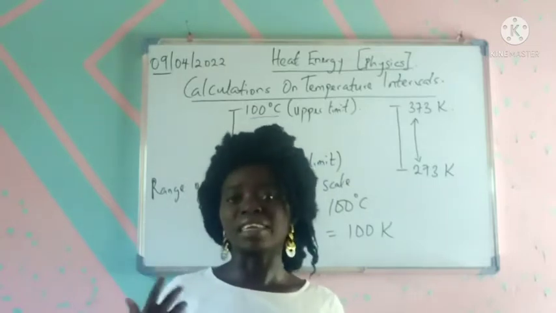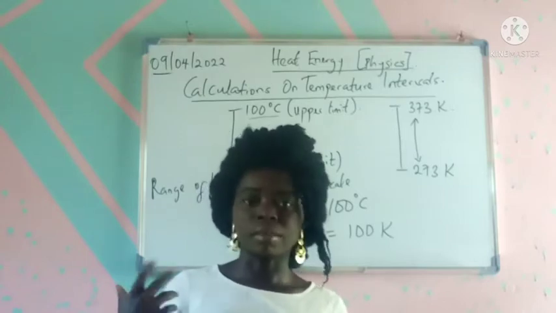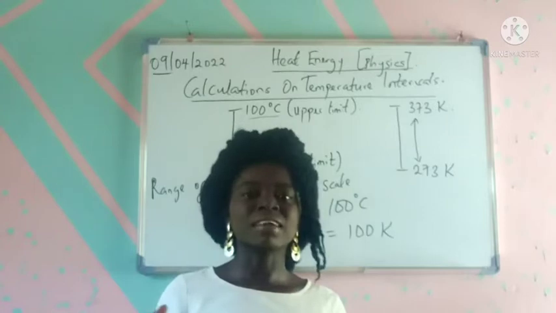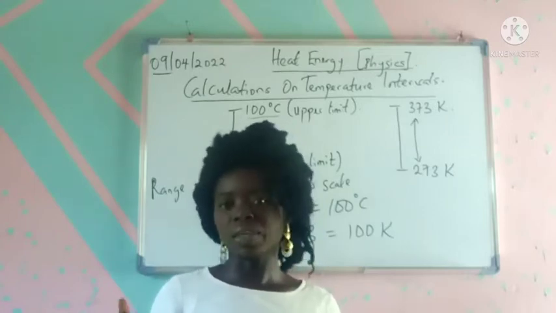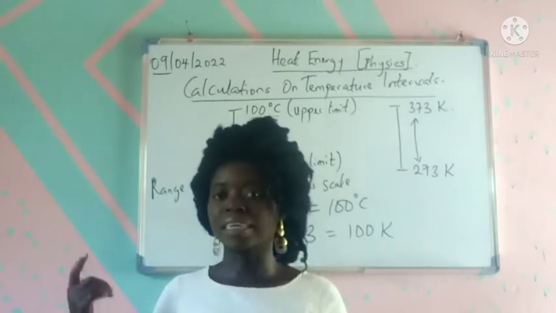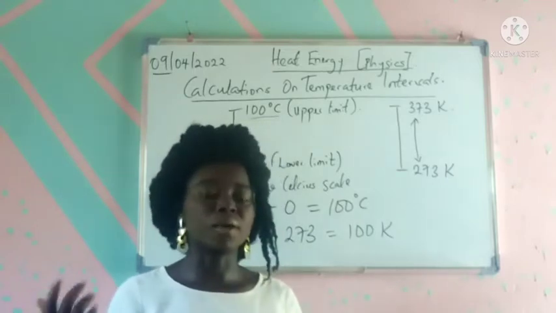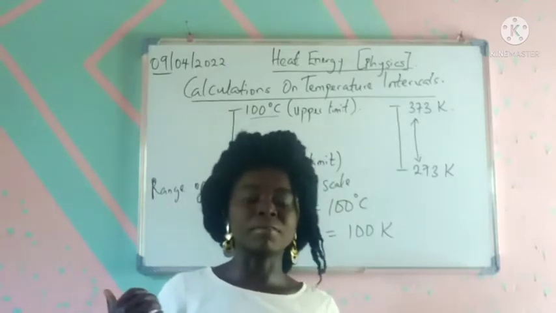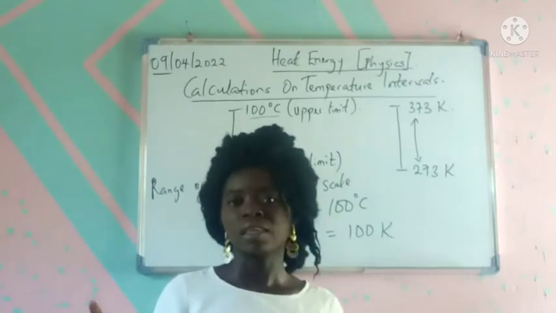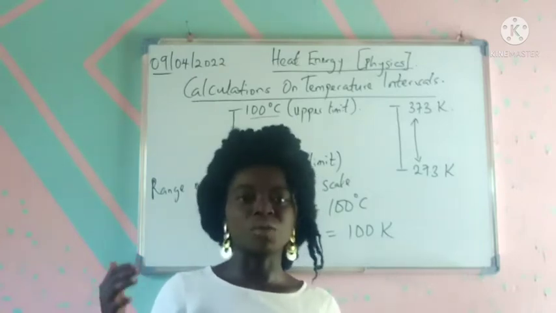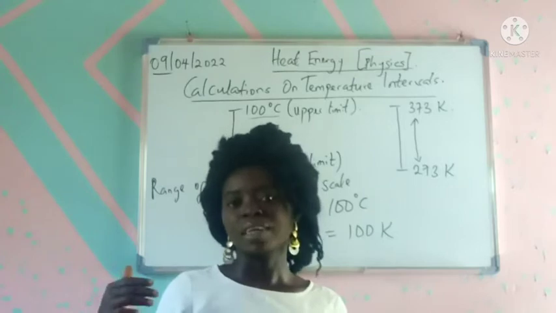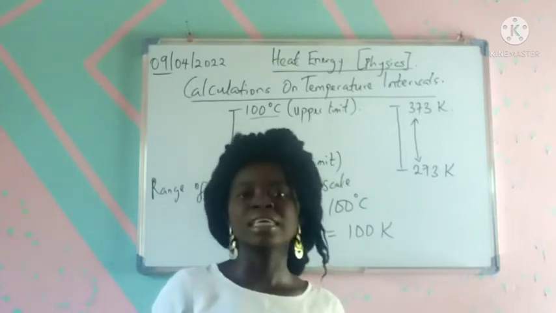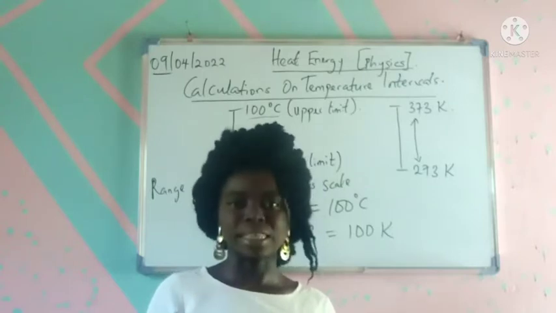Now, calculations that involve thermometer measurements. If a thermometer is graduated, it is graduated using these as standards. That's my lower limit and my upper limit. So there are times when you'll be given a calculation that involves a scale where, let's say, the upper limit of that scale is 49 and the lower limit is 23, and you'll be asked to interpolate.